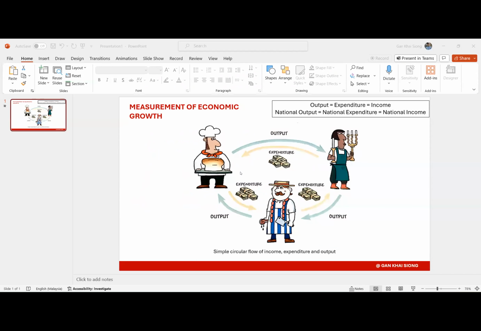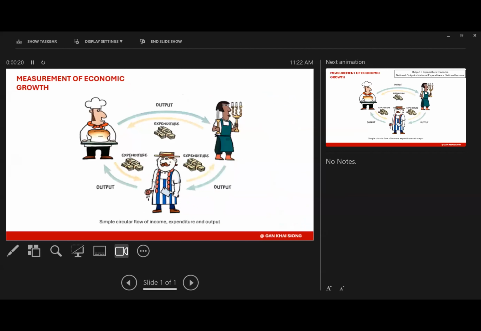So remember, when we were to look into economic growth, we look into the increase in the total outputs as measured by real GDP. That's what we had learned so far.